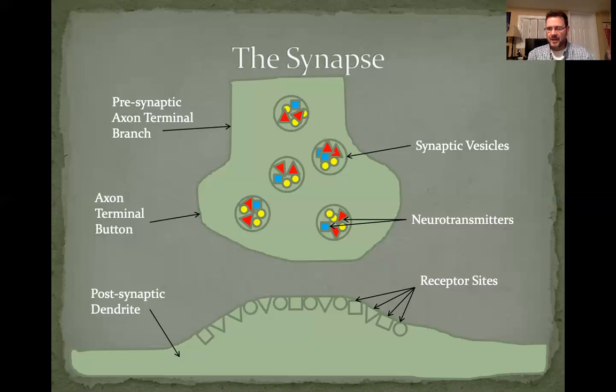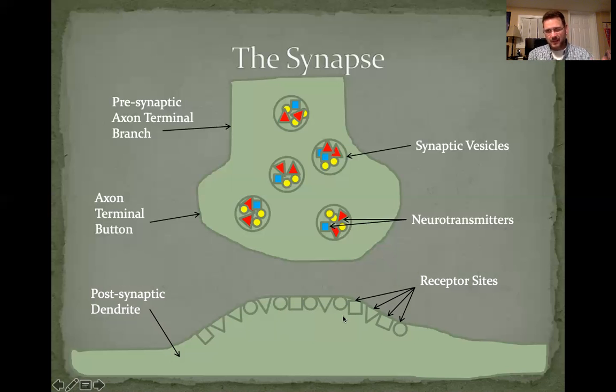Well, this is why, because you've got receptor sites littered all over the dendrites, just waiting to catch neurotransmitters. Now, as you can see, we've got triangles, circles, and squares to represent different neurotransmitters. And down here, we've got squares, triangles, and circles to represent the different receptor sites.